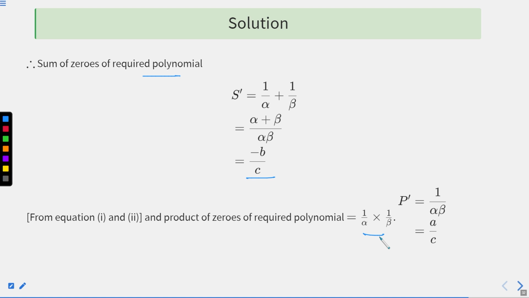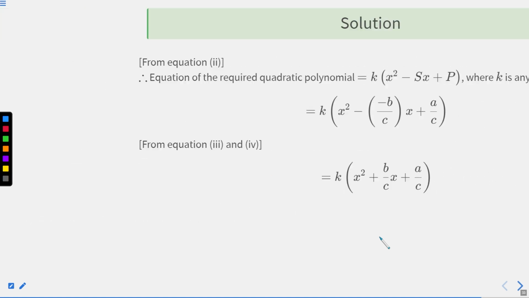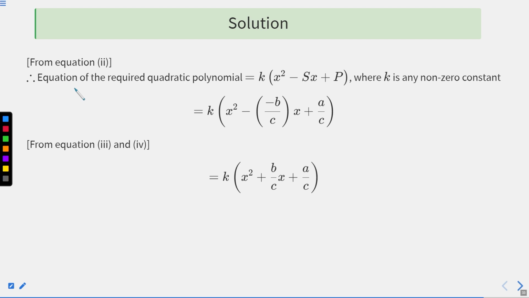So the equation of the required quadratic polynomial is k times (x² minus sx plus p), where k is any non-zero constant, where s is the sum and p is the product of the zeros.